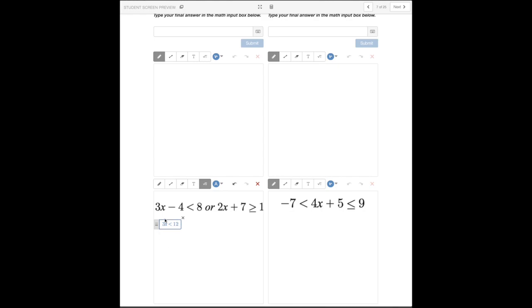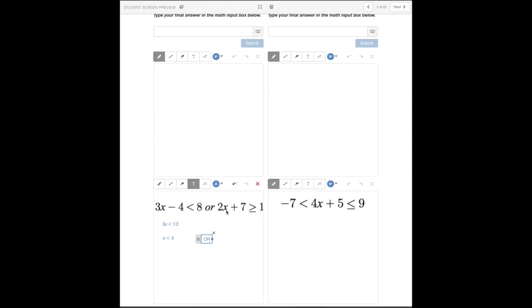Now I need to divide both sides by 3, and I'm dividing by a positive, so I'm going to keep the same inequality. That means x is less than 12 divided by 3, which is 4. So x is less than 4. I'm going to bring the or down, if you will.